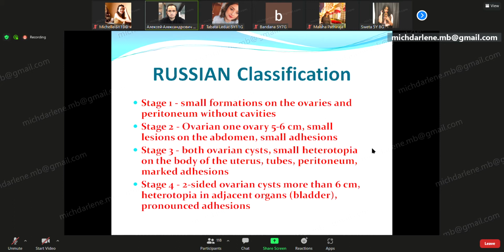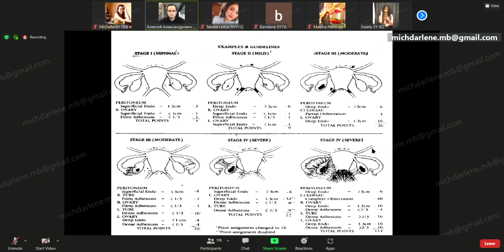Other types of endometriosis without a cystic form are very difficult to treat and very difficult to find, because in that case we need to use only the laparoscopic picture. The main classification for endometriosis is the classification of the American Society, which means we need to use our picture for the correct stage.